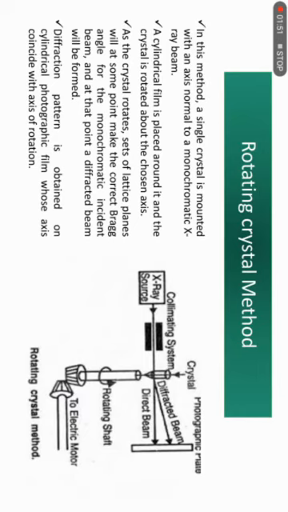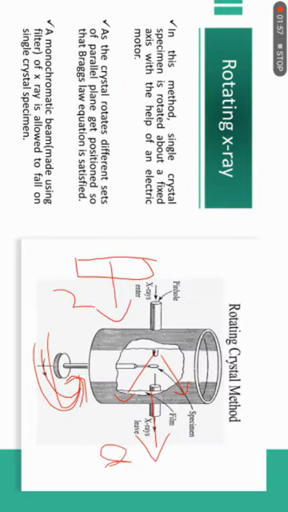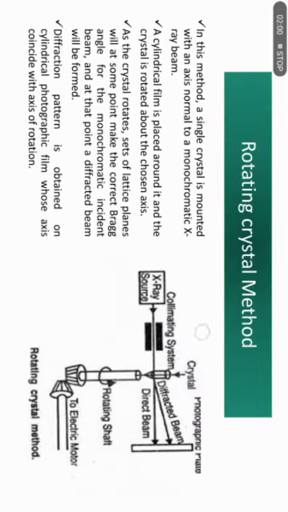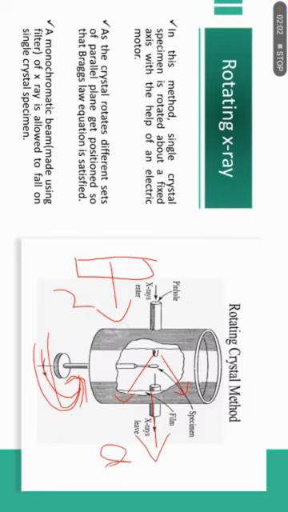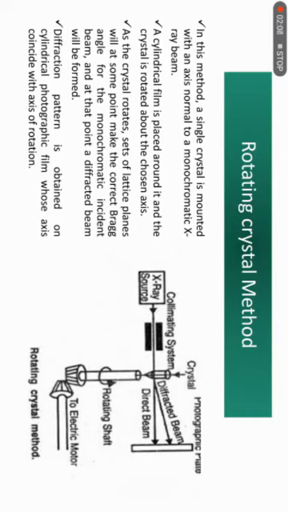A cylindrical film is placed around it and the crystal is rotated about the chosen axis. This is the cylindrical film outside, mounted outside this cylinder, and the crystal rotates about this axis. What we are seeing is that the axis of rotation and the axis of the cylinder both coincide.